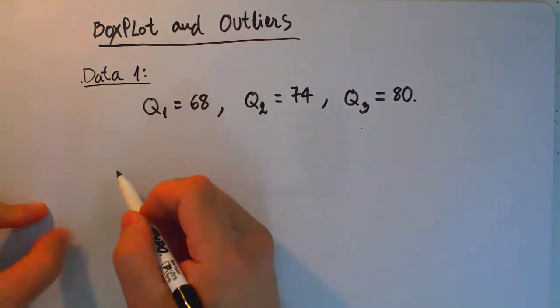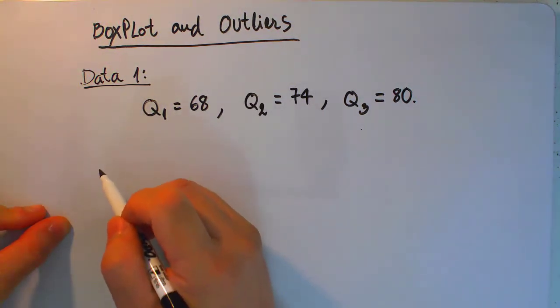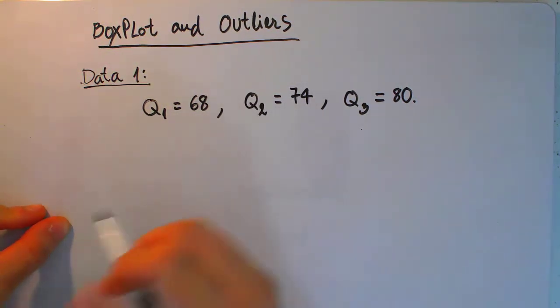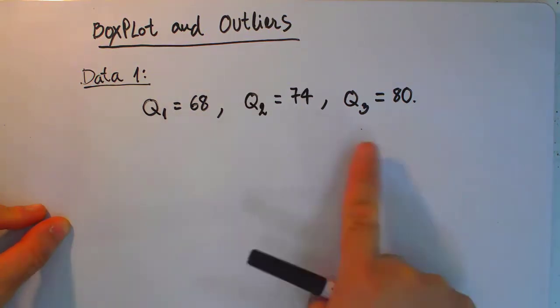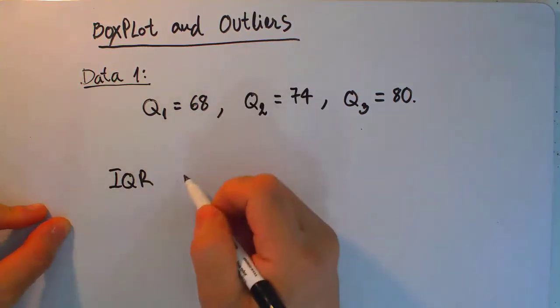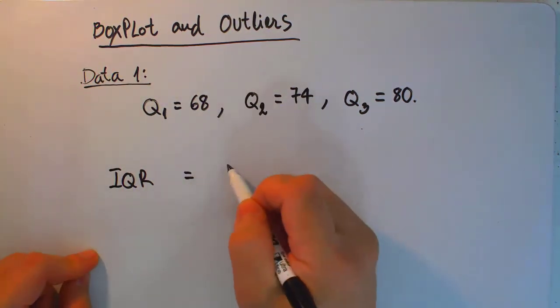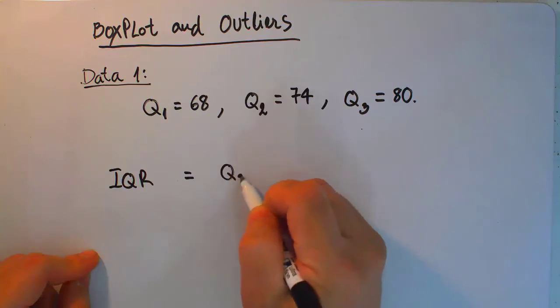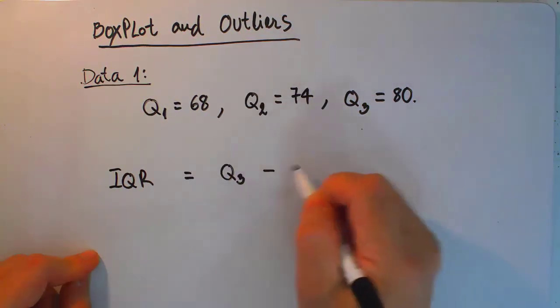So now, it was briefly mentioned in some other videos, but here I'm going to indicate that again. Once we have Q1 and Q3, we can find an interquartile range. The interquartile range, simply as a rule, is Q3 minus Q1.